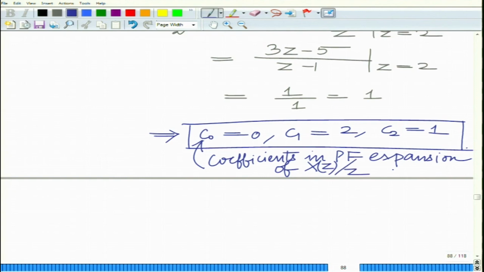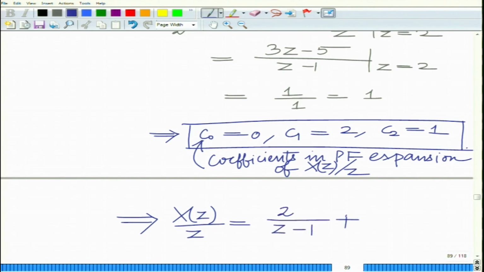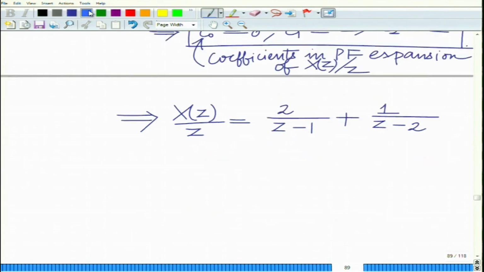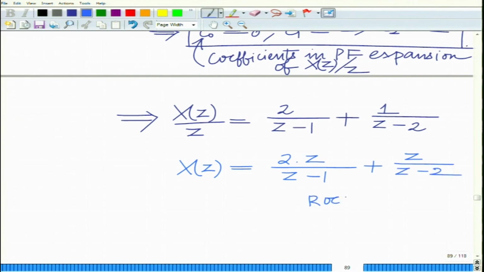So now this implies that X(z) over z can be written as twice over z minus 1 plus 1 over z minus 2, which basically implies that X(z) equals twice z divided by z minus 1 plus z divided by z minus 2, and remember the ROC remains magnitude of z less than 1.